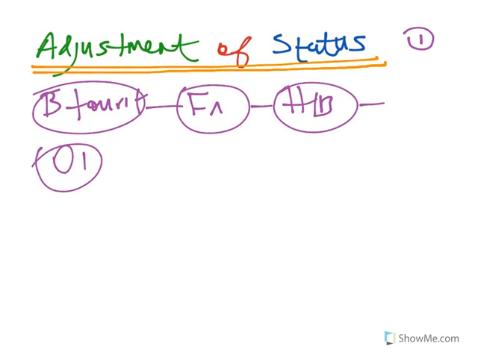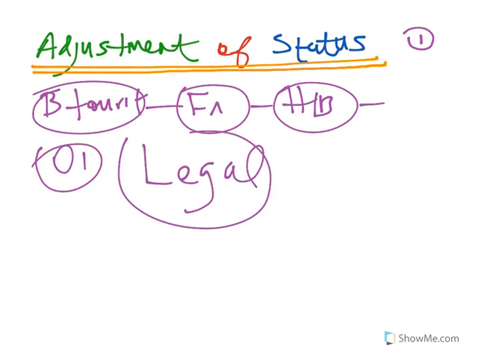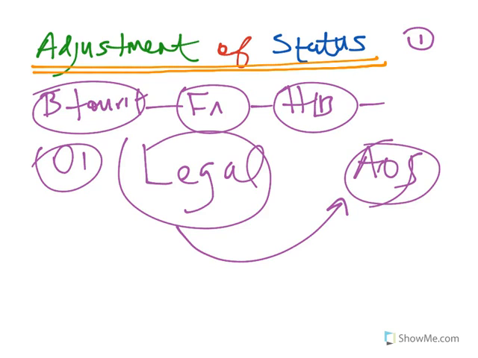So as long as they're here legally, they're able to change their status to AOS after they marry a U.S. citizen.